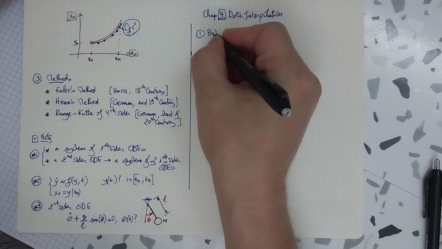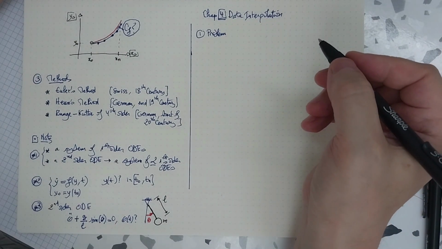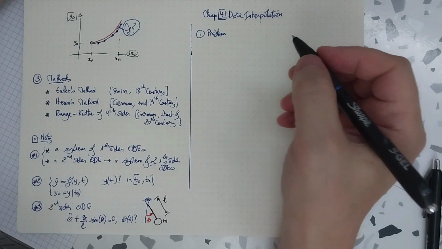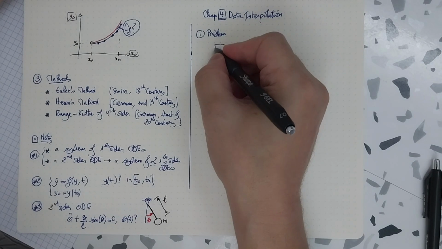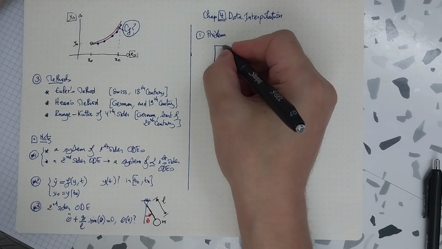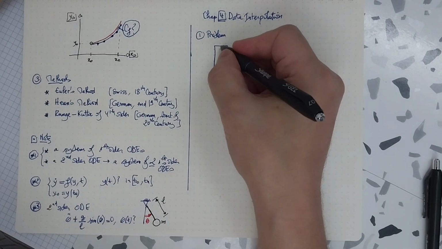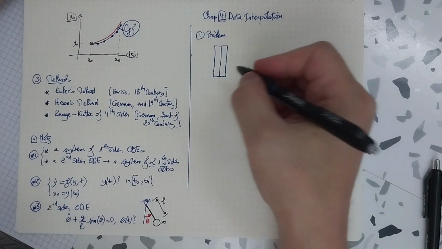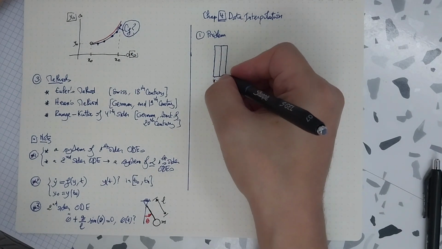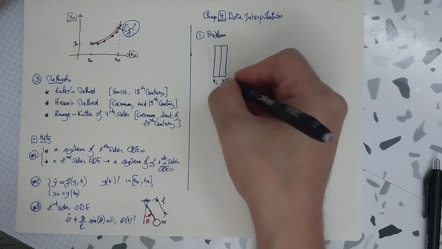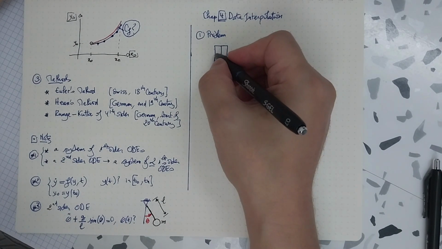First of all, one example. In this chapter, you are given data in a tabular form. The abscissa, the xi, and the ordinate yi. For example, 4 points.